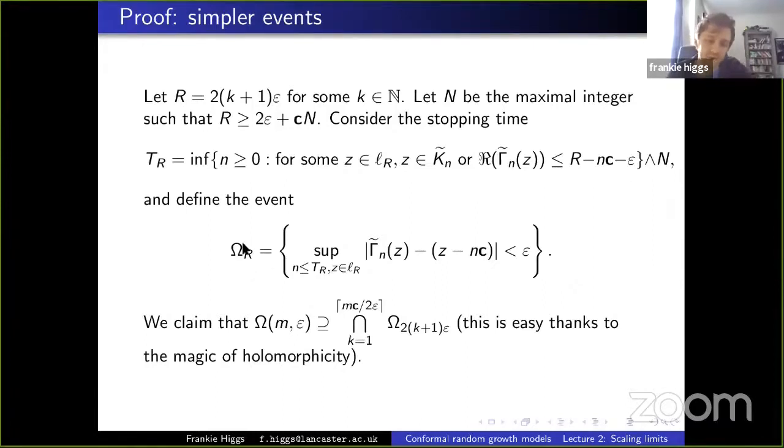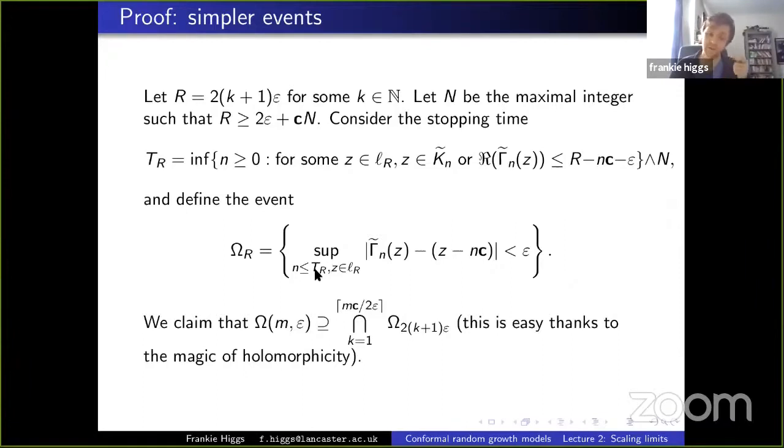So omega r is going to say, until that happens, and we hope that this doesn't happen, but in fact, if it happens before time capital N, then this whole thing fails anyway. So if this event occurs, then T_r must be equal to capital N anyway.